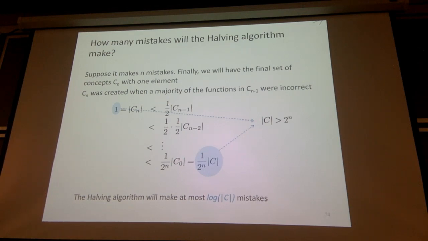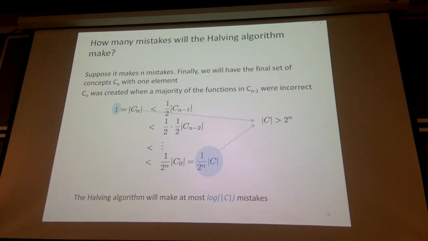And in the worst case, because we have an adversary, remember the mistake bound is an adversarial sequence of examples. The adversary knows the function and it knows what you're doing and it gives you that one example that will force you to remove exactly one thing, one function at a time.